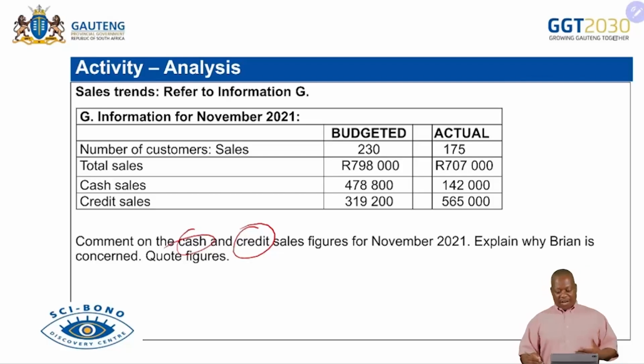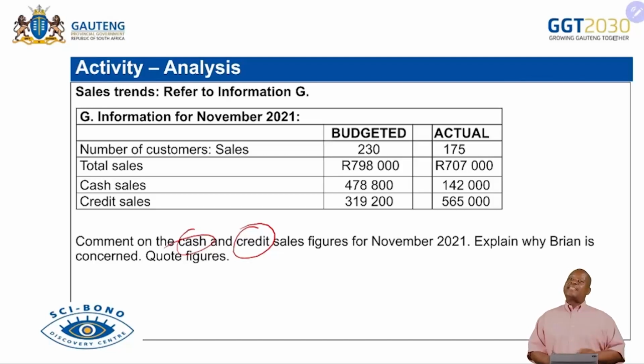Now we move on to credit sales. Credit sales increased from 319,200 to 565,000. Now, why would this be concerning to the owner? Why is Brian worried about this? When there is an increase in credit sales and a decrease in cash sales, does it affect your cash? Yes.